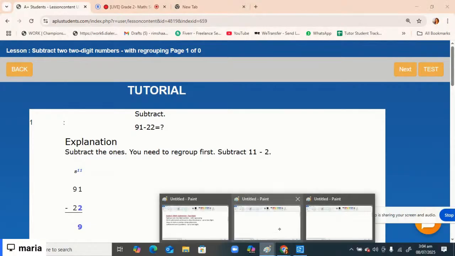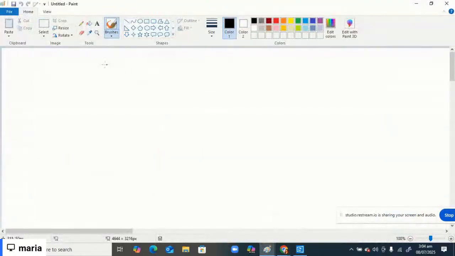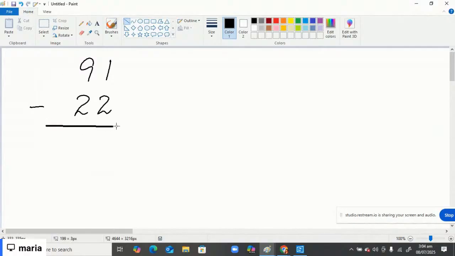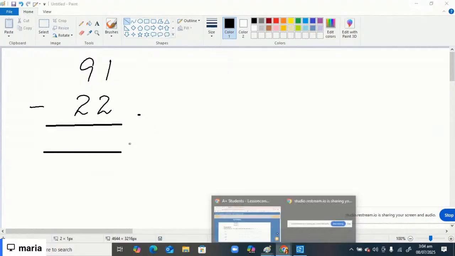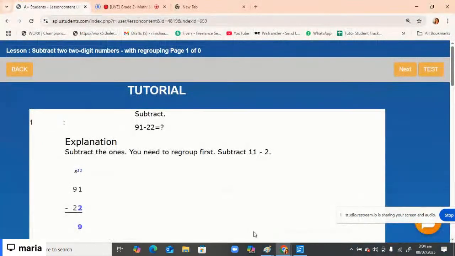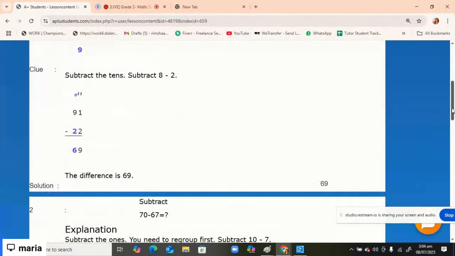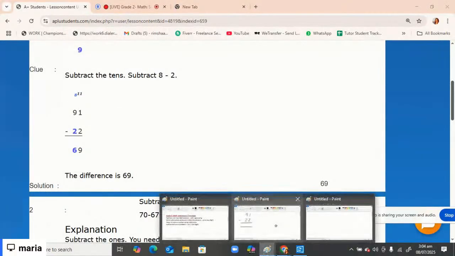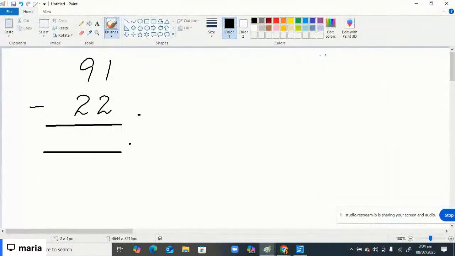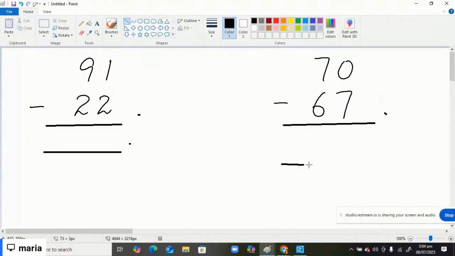So let's start. Let's write it here, two or three questions, then we solve it. And then here 70 minus 67. All right, so here are the two questions.